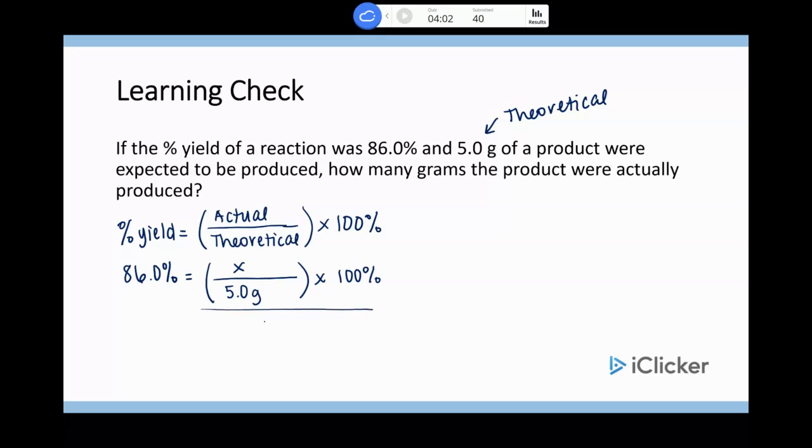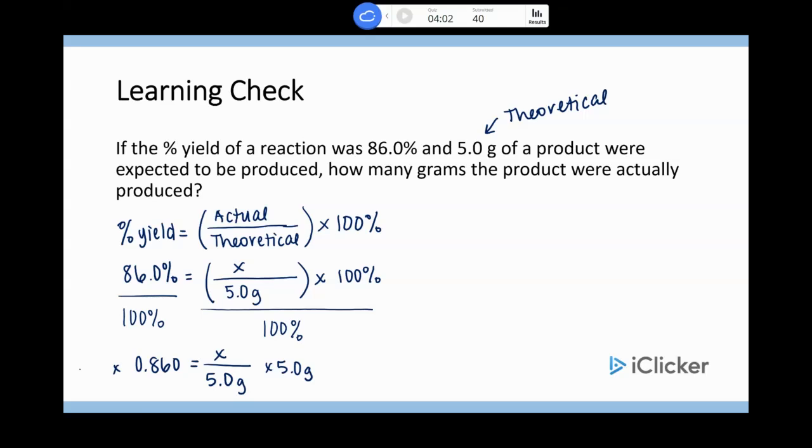I'll divide by 100% on both sides. So we get 0.860 equals x over 5.0 grams. Now we're multiplying by 5.0 grams on both sides, and you would get X is equal to 4.3 grams.